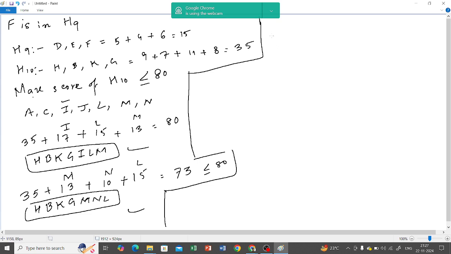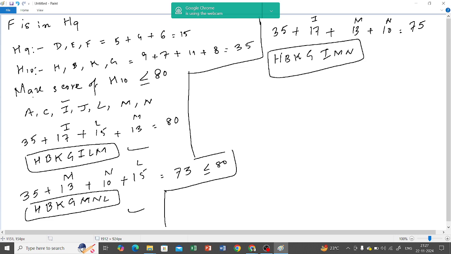Now next, another team is 35 plus. Next we can use I plus, we can go for 13, that is M, plus we can go for 10, that is N. So that is giving me 75. So this is again, that means H, B, K, G, I, M, N. This is also a valid team.